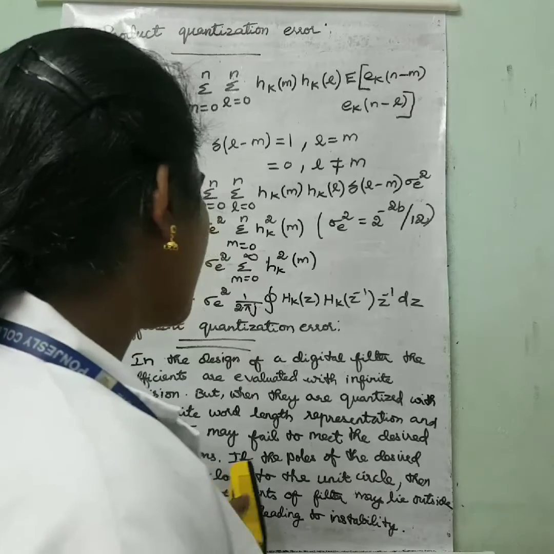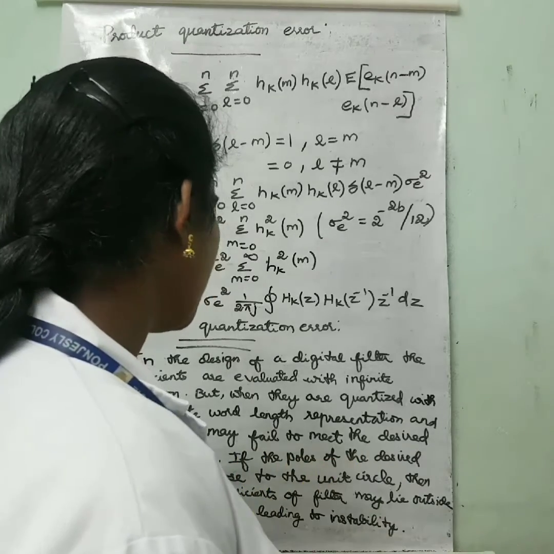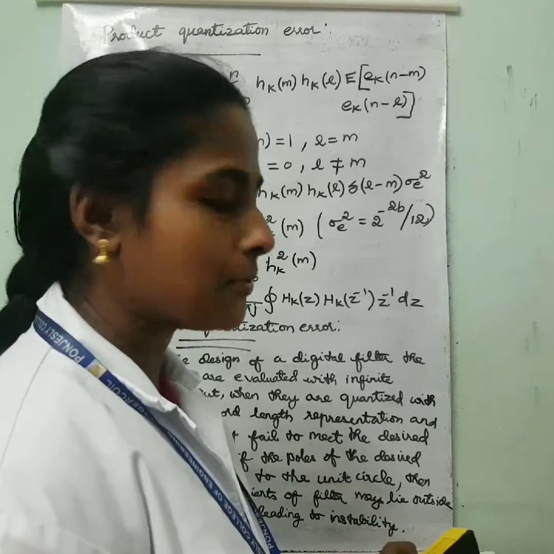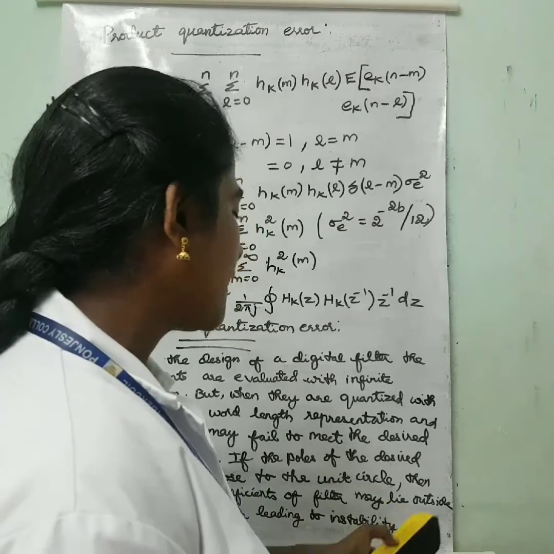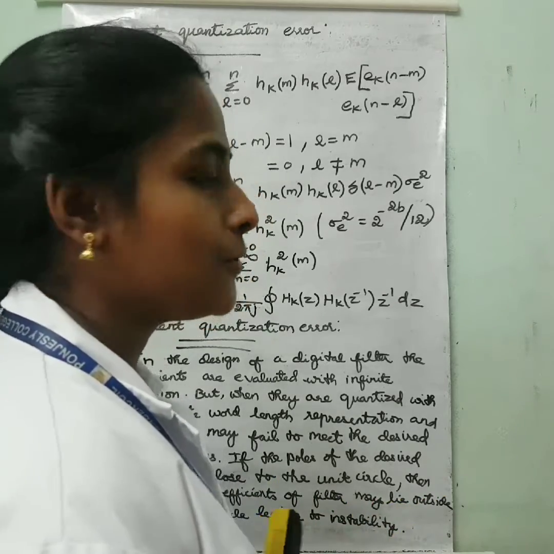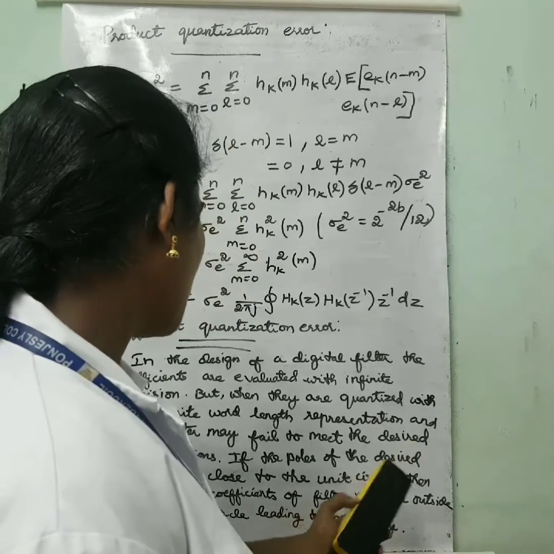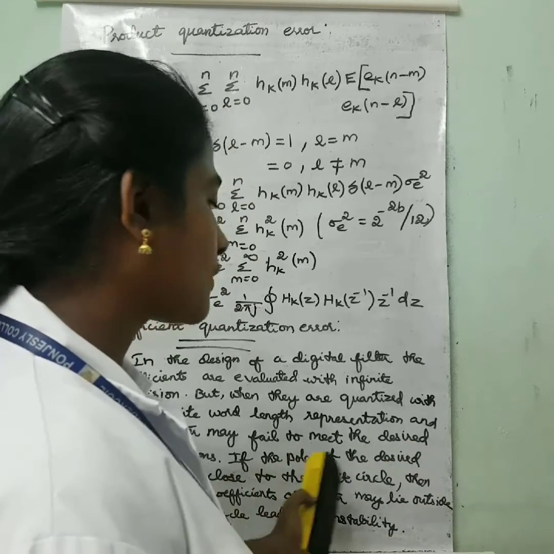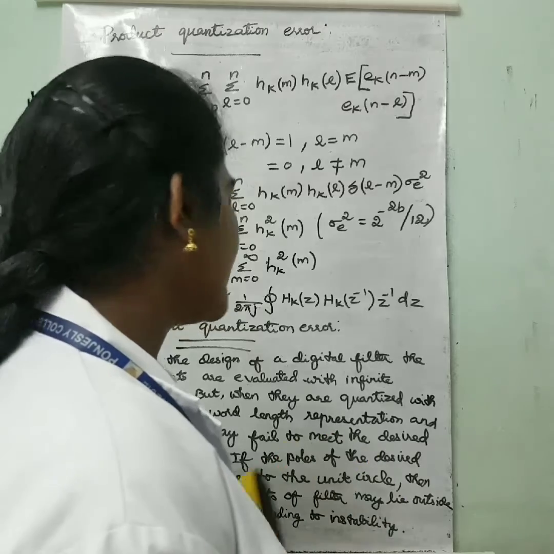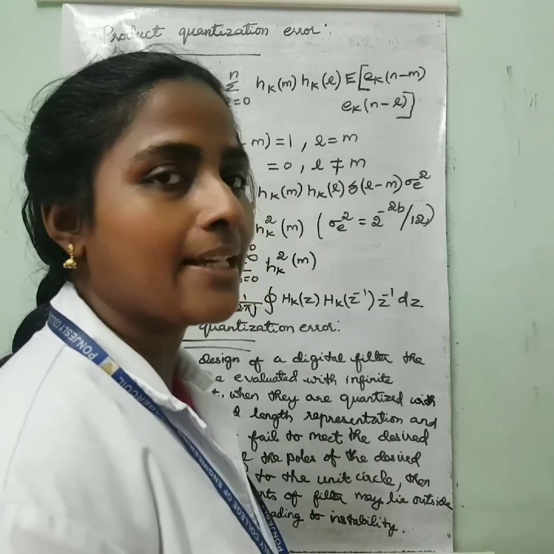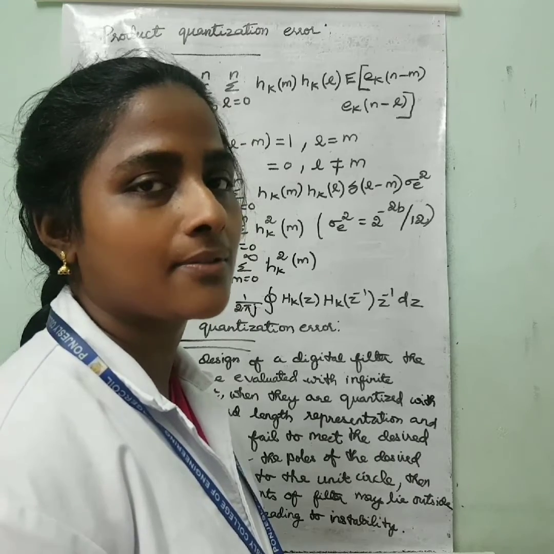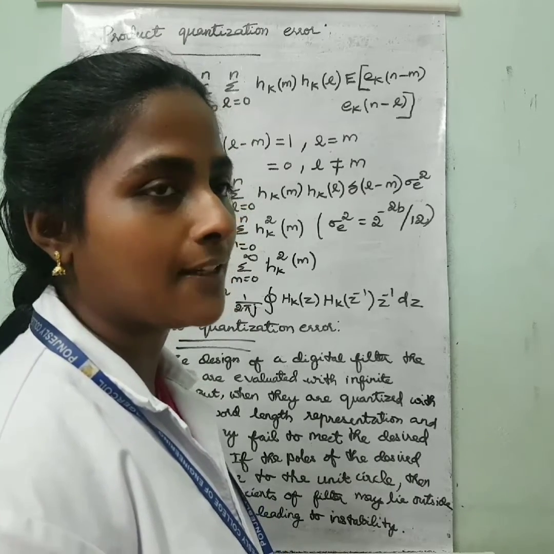If the poles of the desired filter are close to the unit circle, then the quantized coefficients of the filter may lie outside the unit circle. This may also lead to instability of the filter.